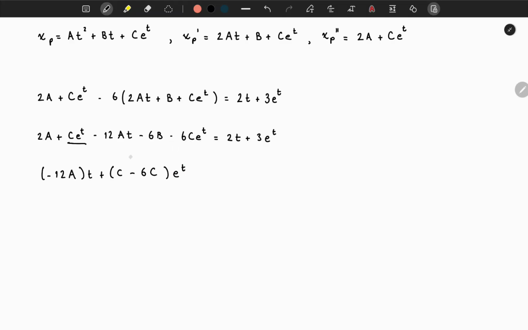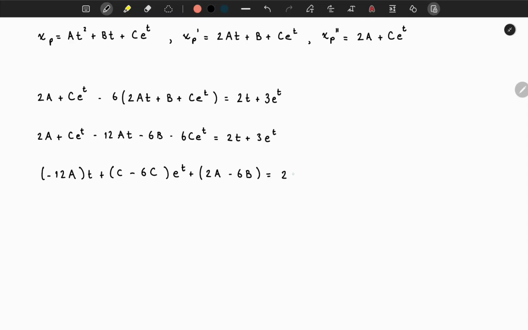And then let's write the rest of our functions. So we would have plus 2a minus 6b, we can put these in brackets. These are like constants. Okay, that should be all of them.